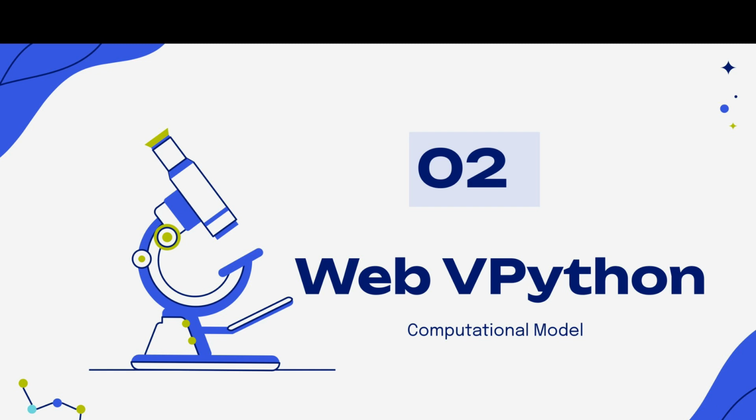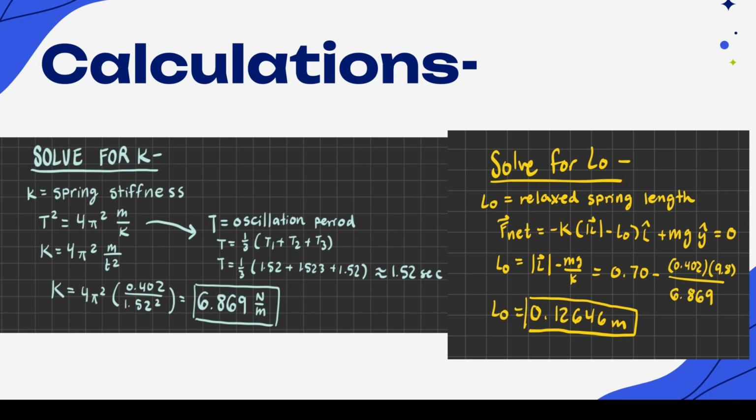So to solve for K that we need in the code, we can use the spring stiffness. K is the spring stiffness. We can use the equation T squared equals 4 pi squared m over K, and then we manipulate this to solve for K, in which we get 6.869 newtons per meter.